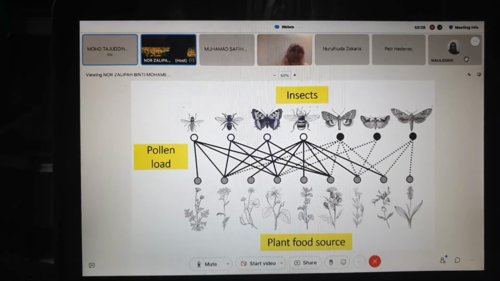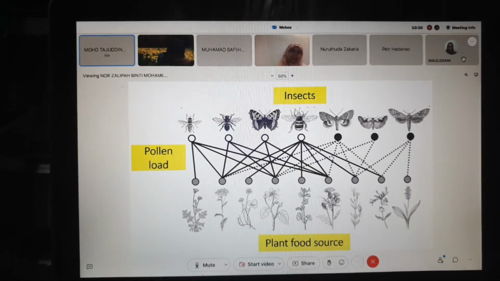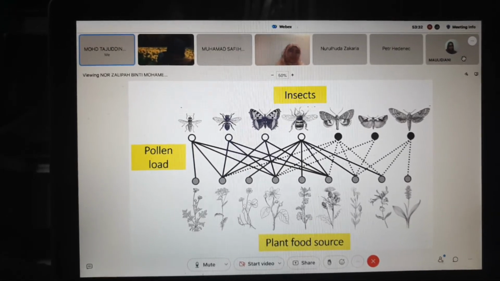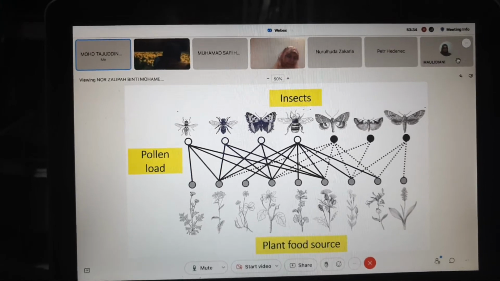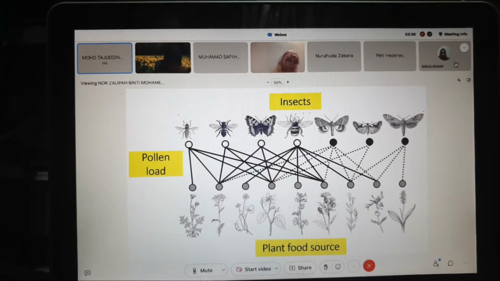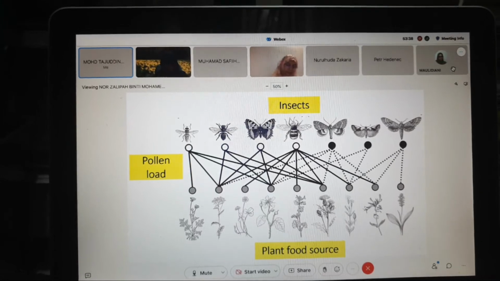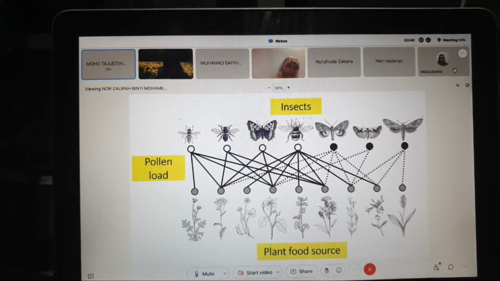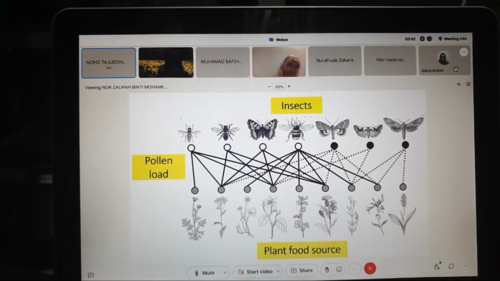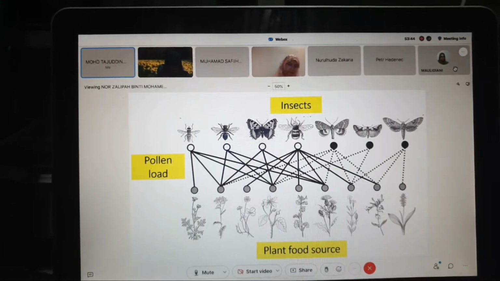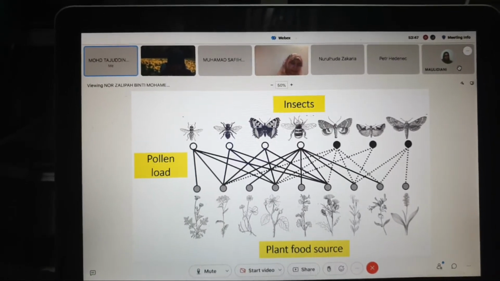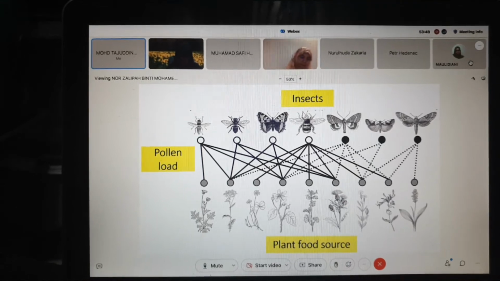Then you tie all these things to your SDG 2030: life on land, economy, and also good health, because they are consuming natural product, not sugar from the market, something like that.